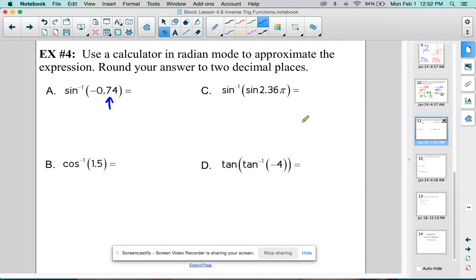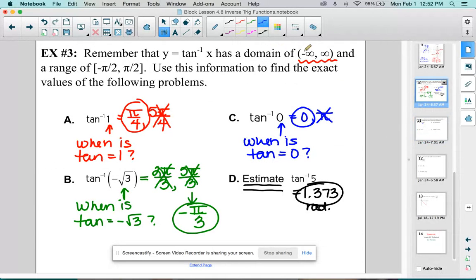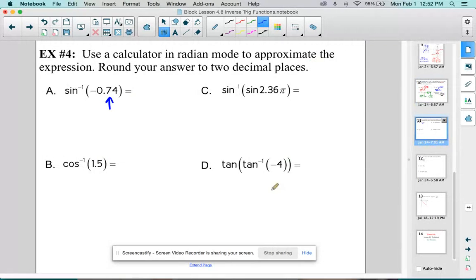So let me give you an example. Let's start with this one down here. Is negative 4 in the domain of inverse tangent? Well, the domain of inverse tangent is negative infinity to infinity. So yes, it is. Okay. So then you could grab your calculator and you could compute what is inverse tan of negative 4.